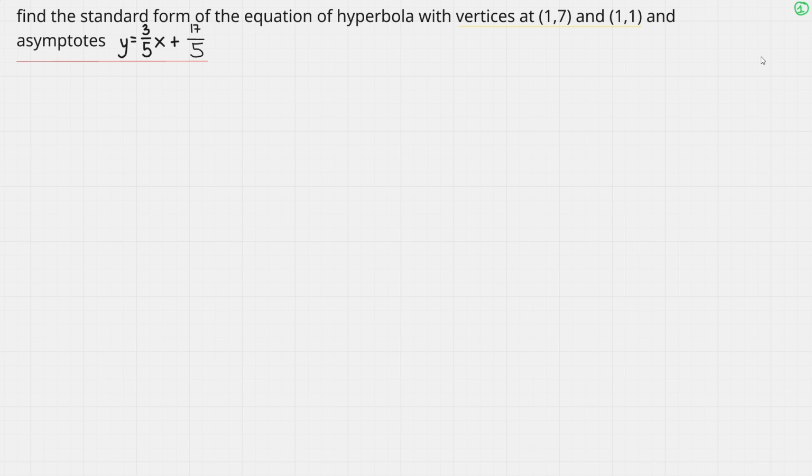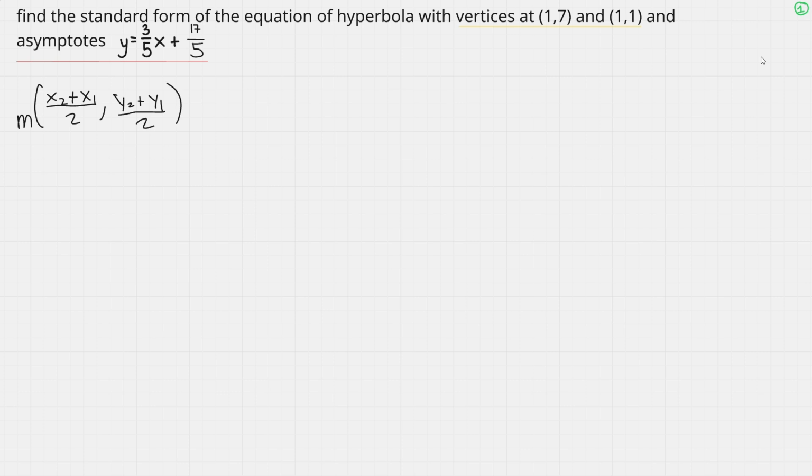If you remember, the center is the midpoint of the vertices. So, using our midpoint formula, we have ((x sub 2 plus x sub 1) over 2, (y sub 2 plus y sub 1) over 2).